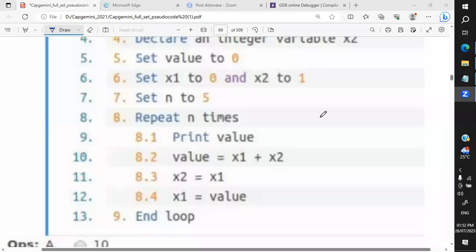I hope you got it. It's a Fibonacci series, right? I hope you understood that, everyone.